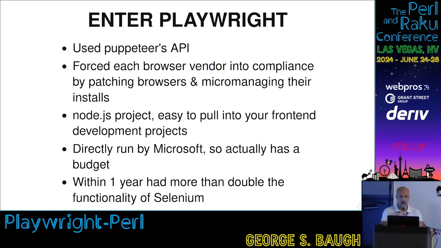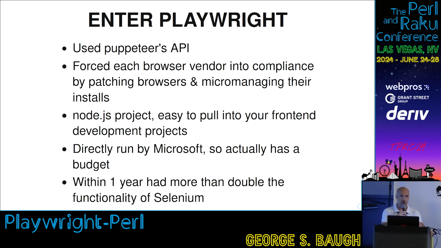The trouble was they had to force each browser into compliance with this, and none of them all had the same feature set. So what they did was they just shipped their own copy of each browser, and they patch each one of those. So that's the kind of thing that most people consider the insane solution. But Microsoft has infinite money, so it's not a problem.